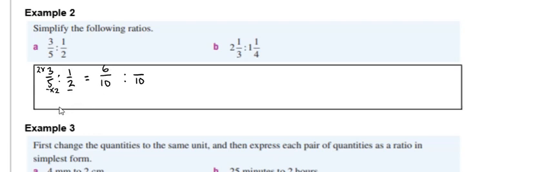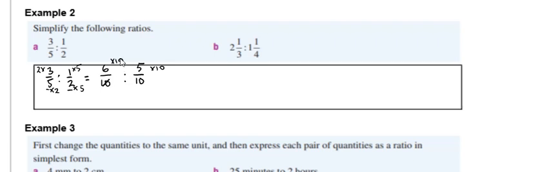Now let's look at a half. To change 2 to 10, we have to times it by 5, which means we also have to times the top by 5. So 2 times 5 is 10, 1 times 5 is 5. Because we have tens on the bottom and they're common, the technical way of doing it is to times both of these by 10.